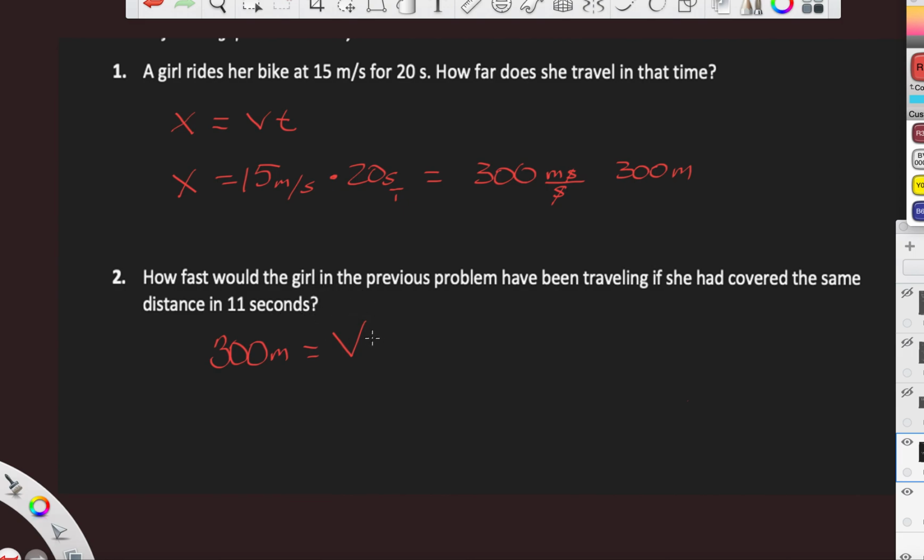And multiply by 11 seconds, right? Parentheses and this little dot here mean the same thing. I like to use parentheses. So how are we going to solve this? Obviously, we're going to divide both sides by 11 seconds.